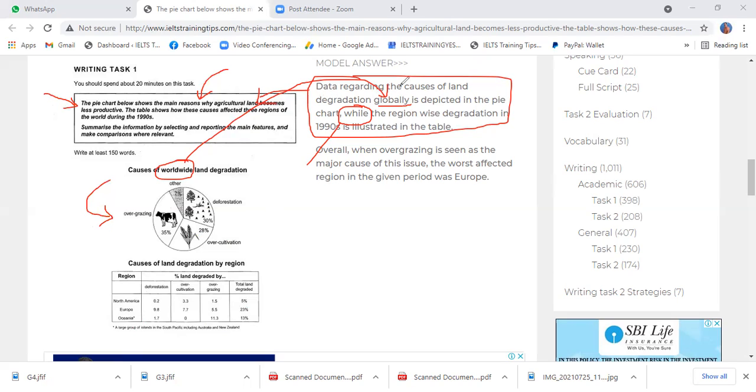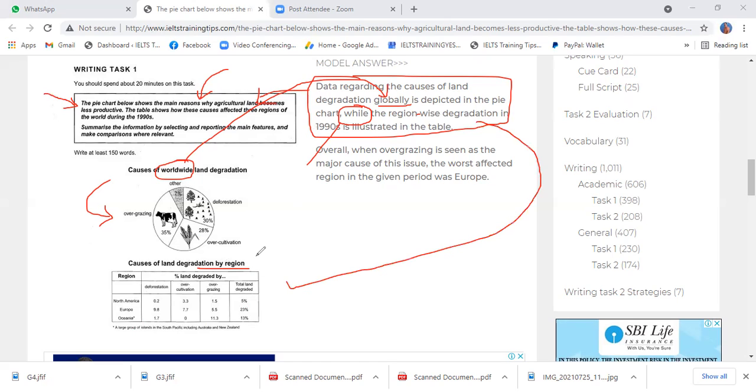So data regarding the causes of land degradation globally is depicted in the pie chart, while the region-wise, I think there should be a hyphen there, the region-wise degradation in 1990s is illustrated in the table. The region-wise degradation, you can say land degradation by region, region-wise degradation in 1990s.